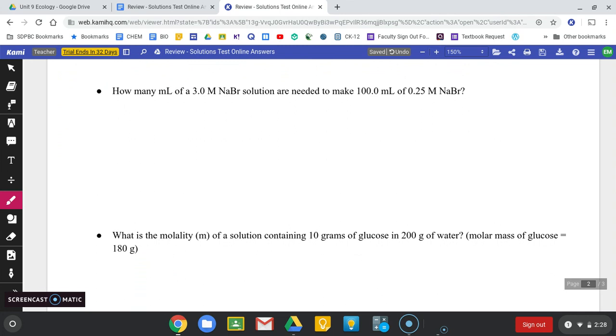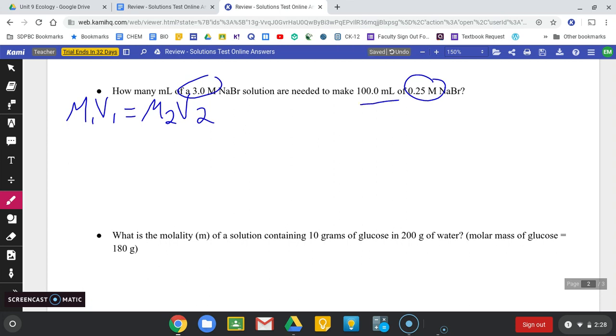Next one, how many milliliters of a 3 molar NaBr solution are needed to make 100 milliliters of a 0.25 molar NaBr solution? So again, that same hint I just mentioned, we have 2 molarities here. So we're dealing with M1, V1, M2, V2. We got one volume. We're going to find the other volume.